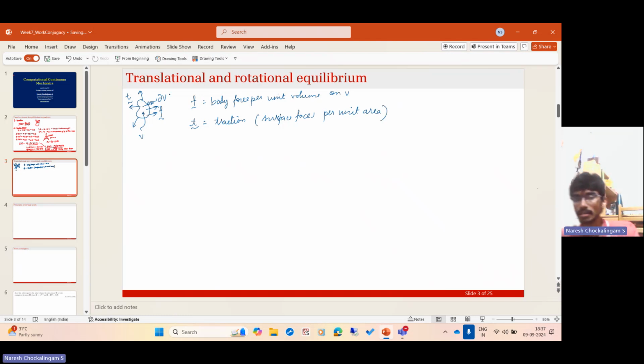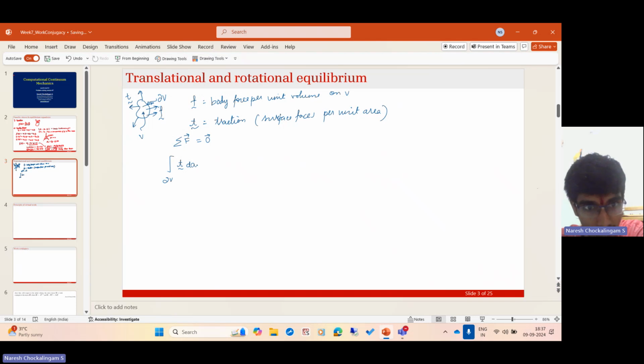So for equilibrium, what do we require? The sum of all forces on this volume should be equal to 0 in the conventional sense. In this case, we have a distribution of forces as a volume distribution, which is F, and a surface distribution T. Therefore, the conditions of equilibrium are integrated over the surface. What are the forces acting on the surface? It is T dA.